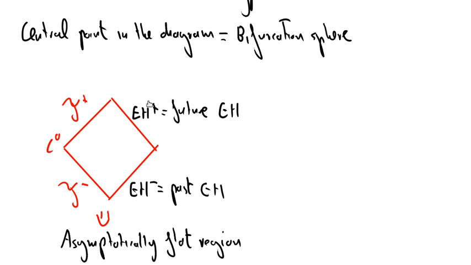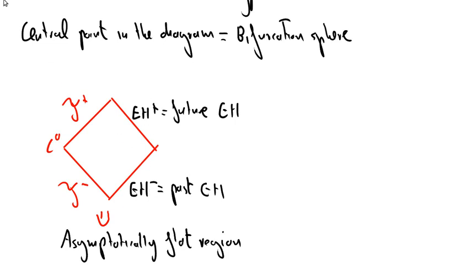Maybe singularities. In our case, we have singularities, but it doesn't have to be the case. It could be something else. But the generic definition of a black hole is an asymptotically flat region plus future event horizon plus past event horizon.